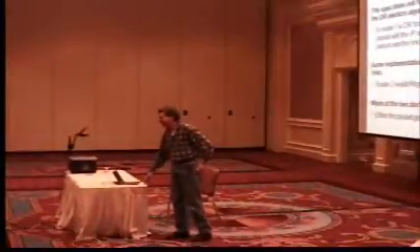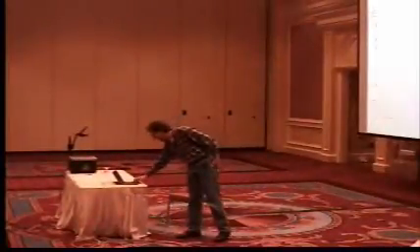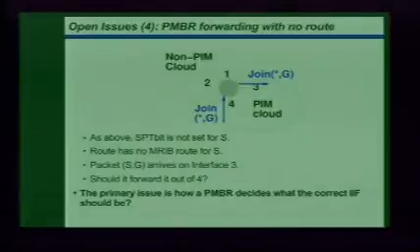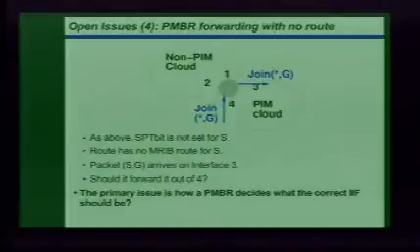That's the 3rd open issue in a row where the spec stays unchanged. I'm really happy now. Less work. The 4th one was another one that Tom brought up last night, and I'm not sure I got the example right, so you have to correct me if I didn't. This is where you have a border router, and there's a non-PIM cloud, say it's DVMRP or something, and there's a PIM cloud, and this border router has joined star G state coming in and then disappearing out towards the RP.